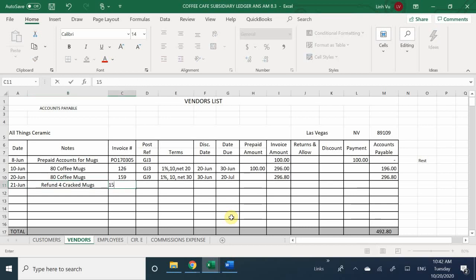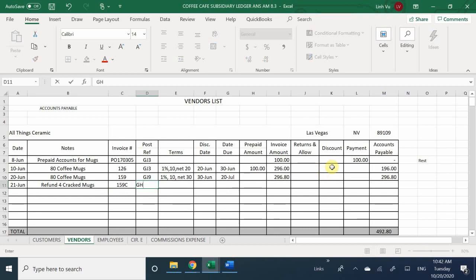All right, invoice 159. Because we're getting money back for it, I'm going to place a C there to stand for credit. So that means this credit is going to apply to this original bill here. So instead of us having to owe 296, it's actually going to be for the reduced amount.